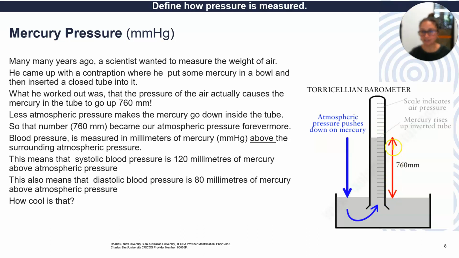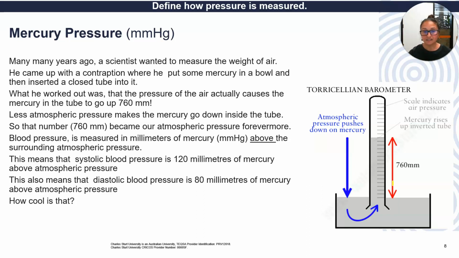That's the height that the mercury goes up. So if you have more air pressure, the higher the mercury goes up the tube. If you have less air pressure, the less the mercury goes up the tube.